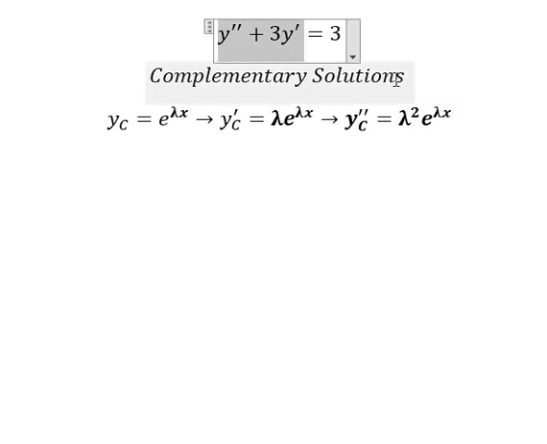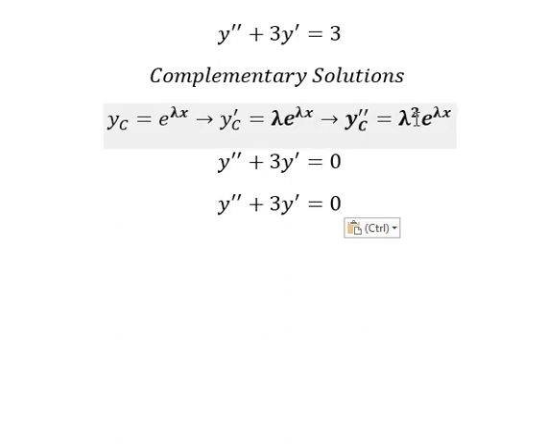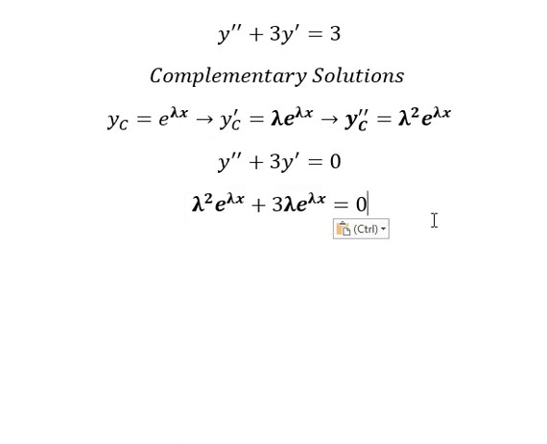Because this is about complementary solutions, I will put this one equal to 0. So this one I will put in here, and this one I will put in here. Next, e to the power of lambda s, we can do factorization.